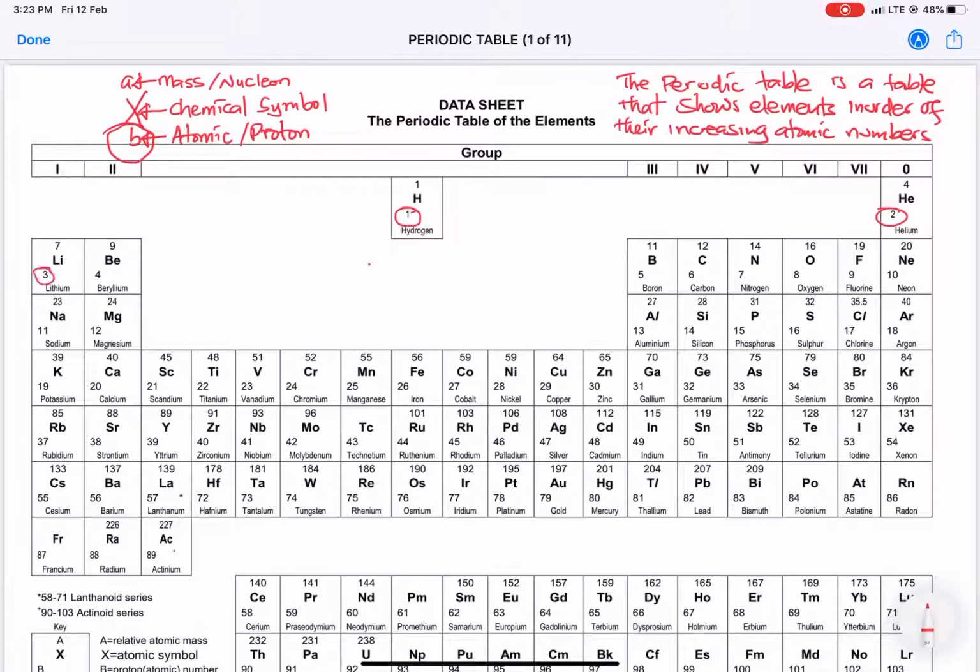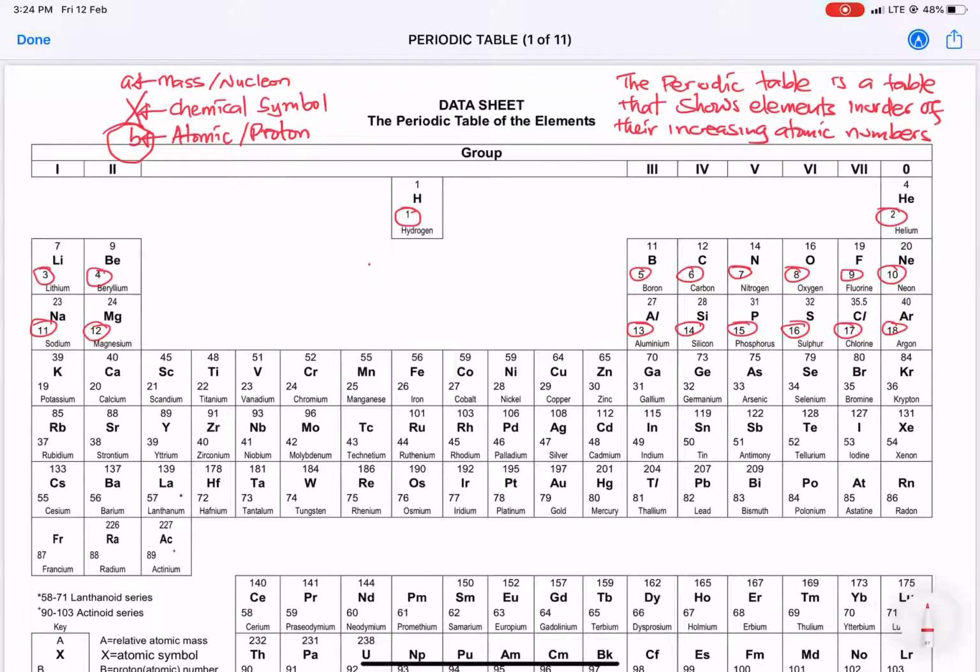Then we have lithium number 3, beryllium number 4, boron number 5, carbon number 6, nitrogen number 7, oxygen number 8, fluorine number 9, neon number 10, and then sodium number 11, magnesium 12, aluminium 13, silicon 14, phosphorus 15, sulfur 16, chlorine 17, argon 18. So as you can see, the atomic numbers or the proton numbers are in order.